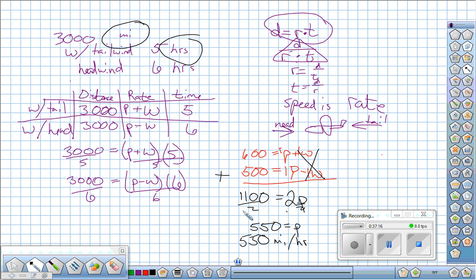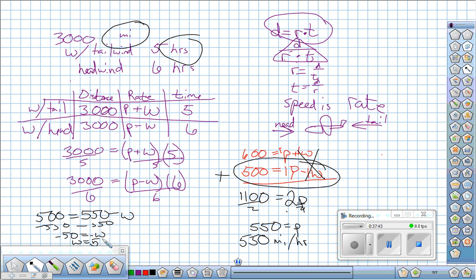I'll plug it into this one for no reason. So 500 equals 1 times 550 minus W. Subtracting 550 from both sides, I get negative 50 equals negative W, divide by negative 1, and I get W equals 50.